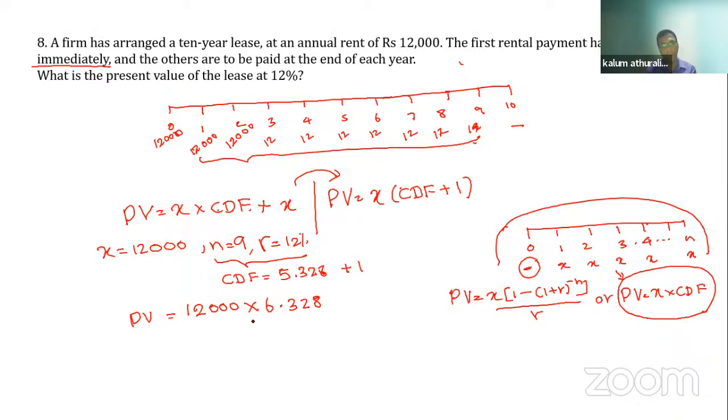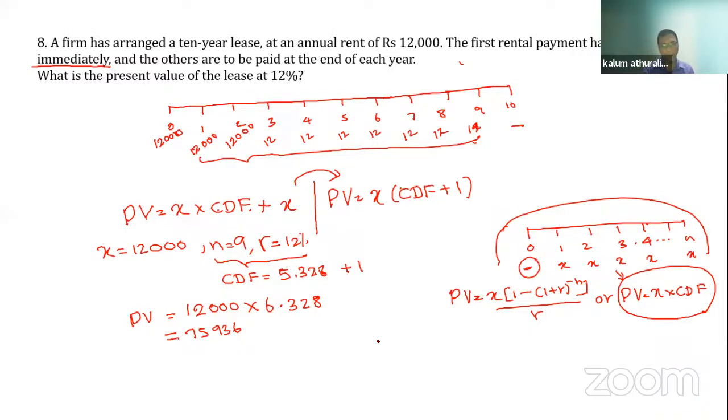Then the answer is 6.328, which is the present value of this payment. 12,000 times 6.328 equals 75,936. Answer is C.